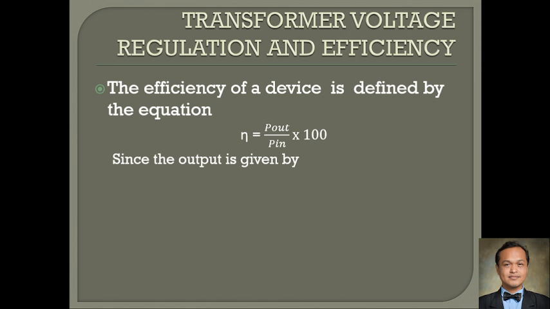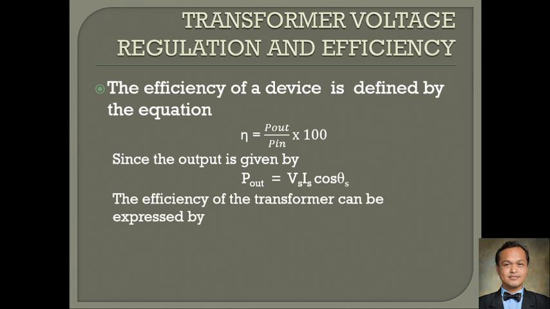The output power is equal to the secondary voltage and the secondary current times the cosine theta, or the angle between the voltage and the current of the secondary side. Therefore we can replace the P out by that formula, while the P in is the total power of the transformer including the power loss.